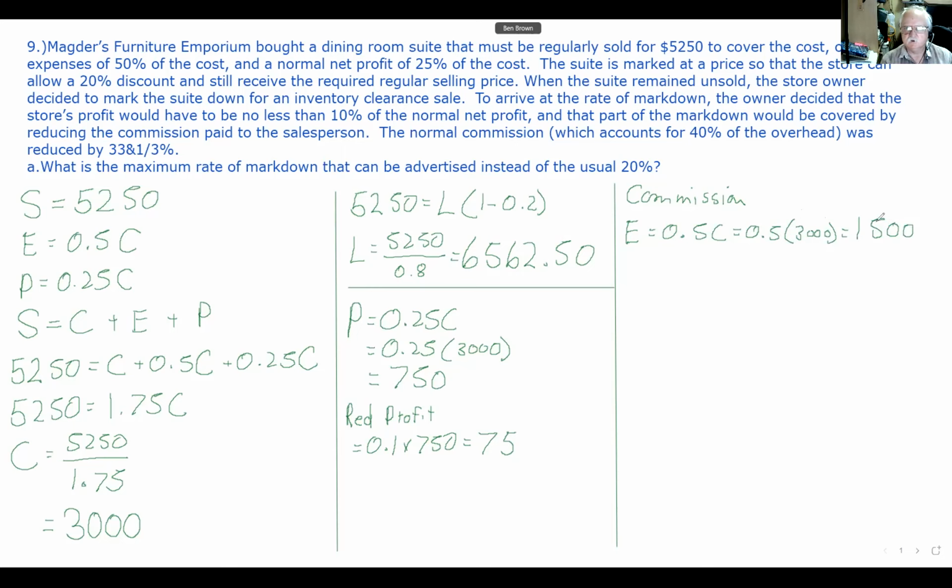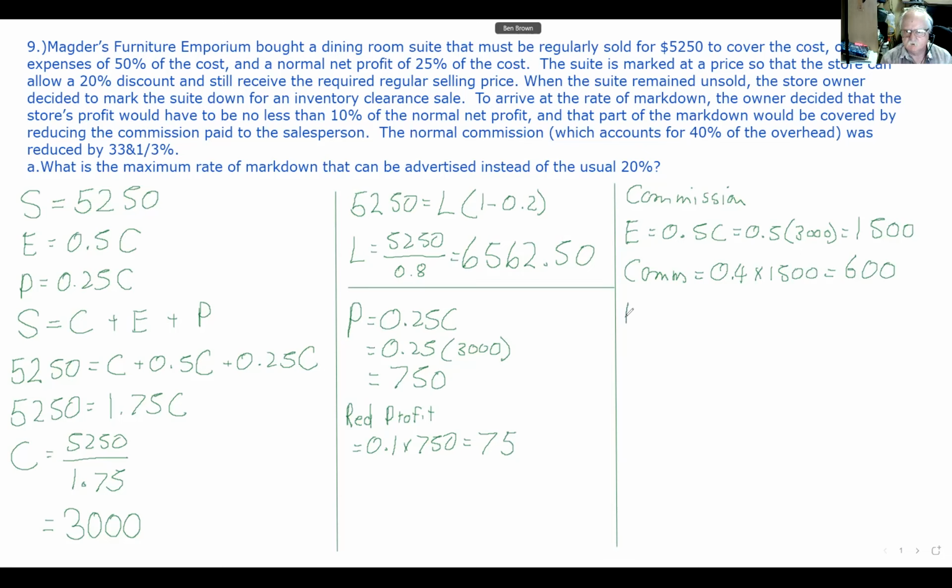That's the normal overhead or the normal expenses, but the commission is 40% of that. So commission equals 40%, 0.4 times 1,500. So that's 600.